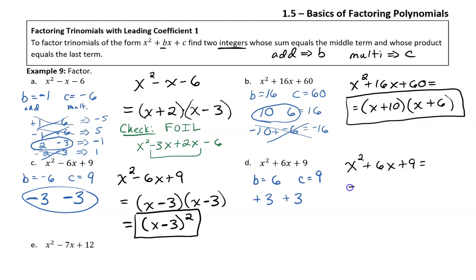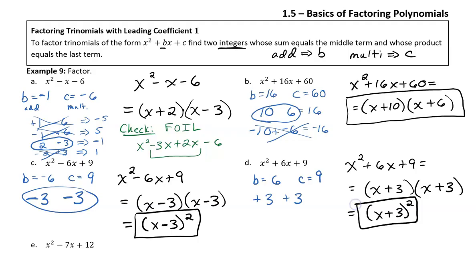All right, we have parentheses x times x. Our integers we found were plus 3 and plus 3. And once again, these are the same, so I can write it in a more condensed format, x plus 3 squared. Now these last two were pretty unique because the factors came out to be the same on both values here.